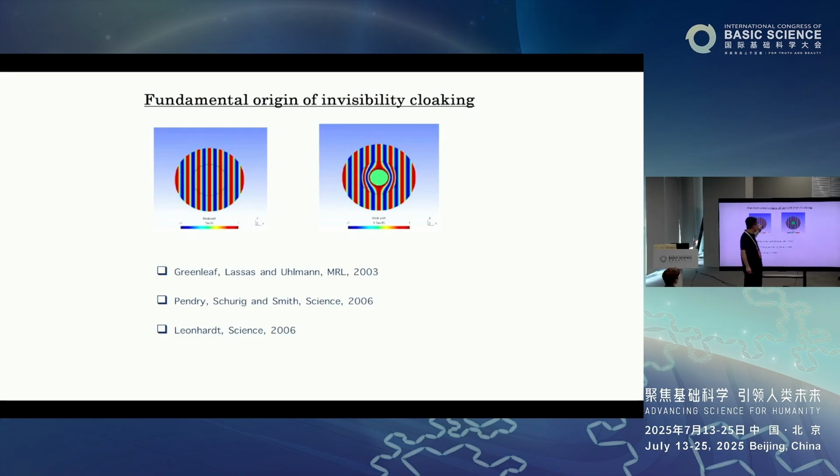This is the free mode, the plane wave. When it propagates inside this coated layer, it slides over the surface of the target object and returns to its original path. So if you make the observation outside, you do not see anything here. Now you can see from here.